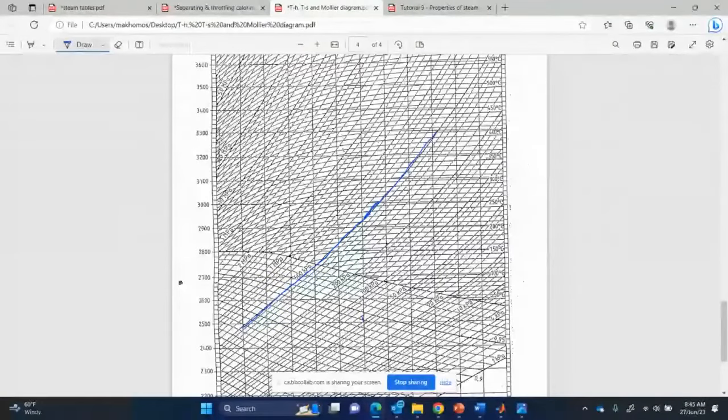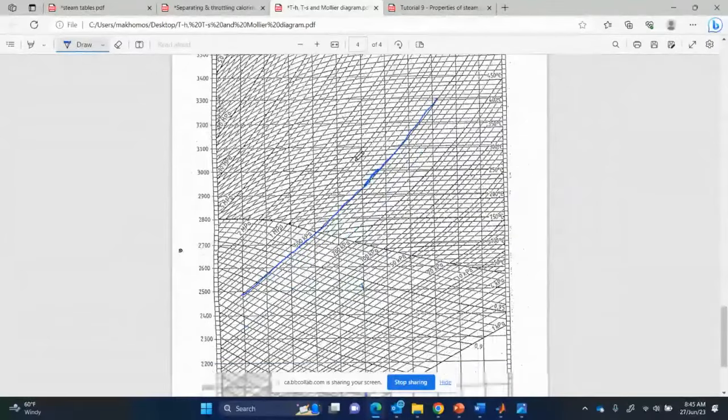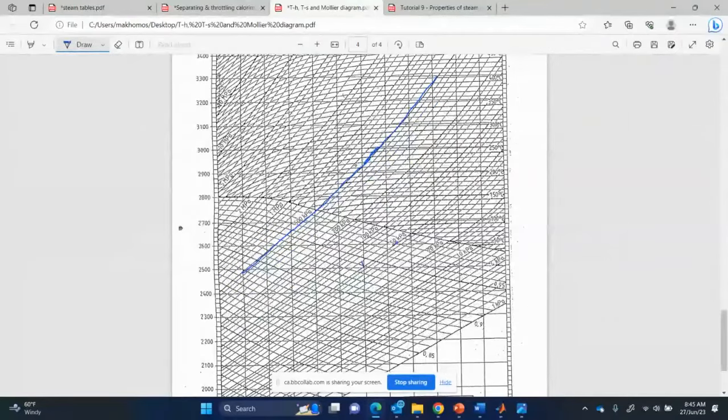And then you locate the pressure after expansion, which is 70 kPa. You have 50 here, you got 60 there, and then here is 70. You draw a 70 kPa line. Right, now we have two lines.